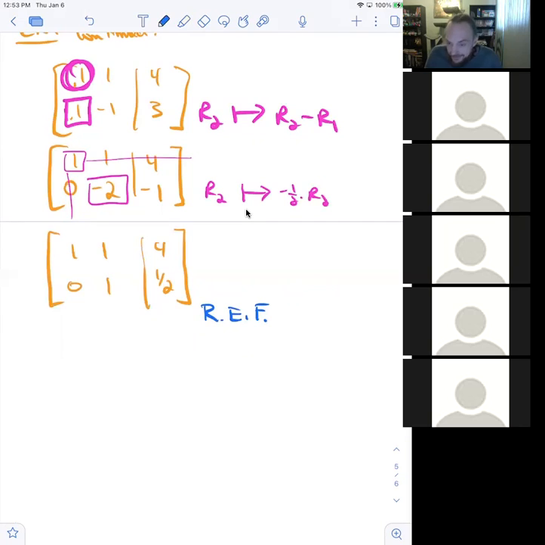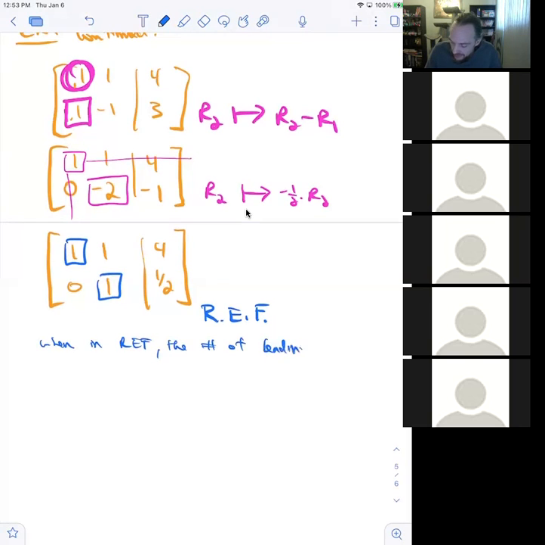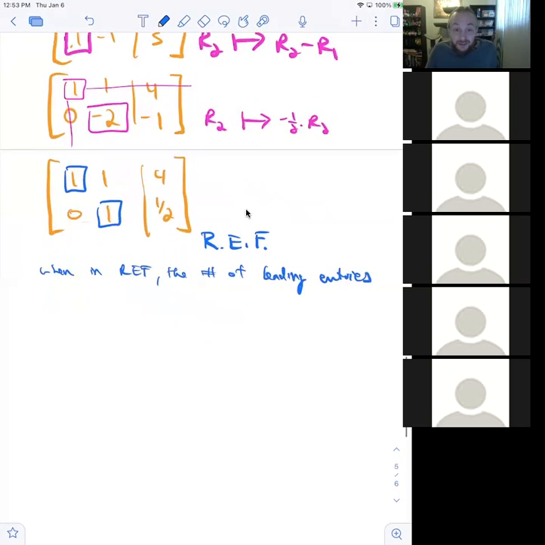This is REF. In REF, you should know that you have a unique solution when the number of leading entries, in this case both 1s, equals the number of unknowns you had.